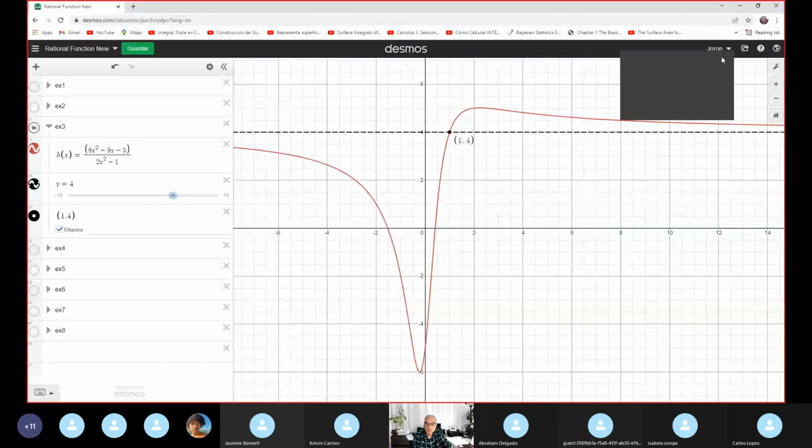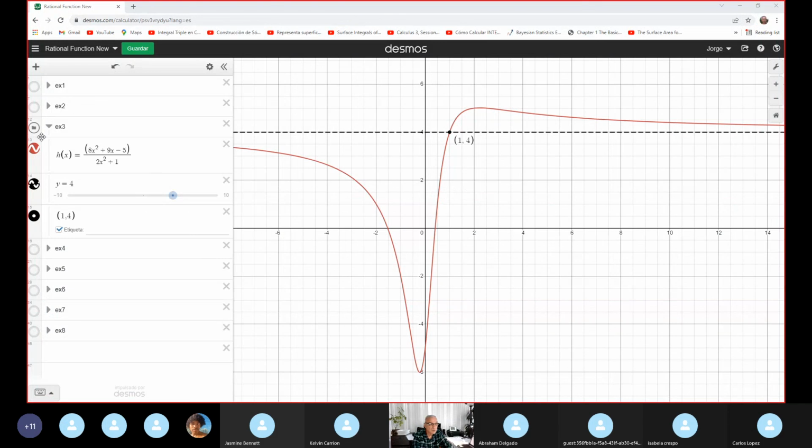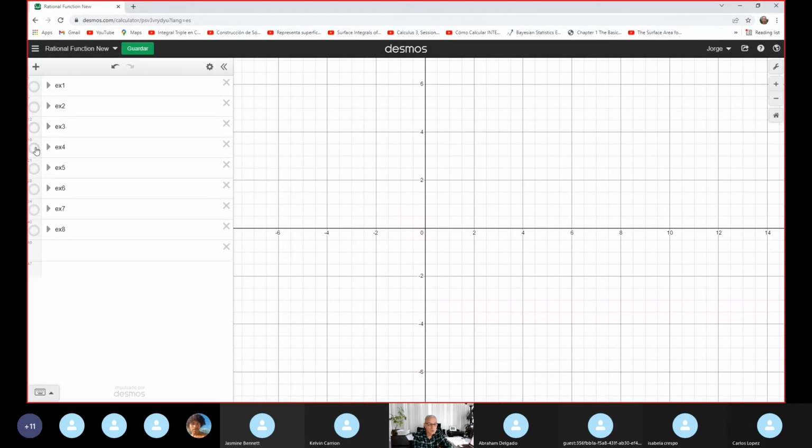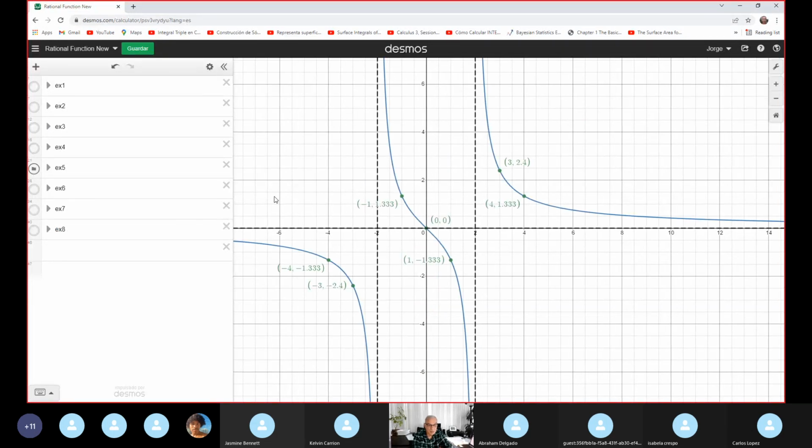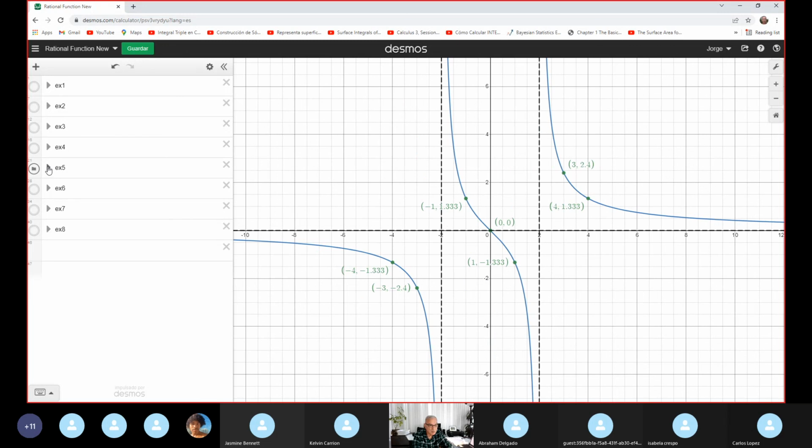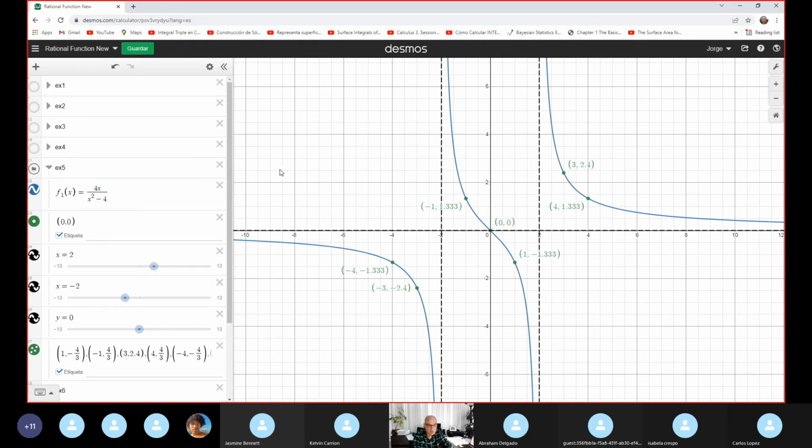Do you see the decimals? Do you see or no? Yes or no? Answer me. Yes. Okay, this is example 5. Look at example 5. Example 5 is 4x over x squared minus 4. You can see it clear like water.